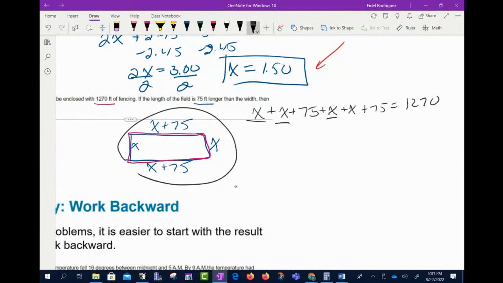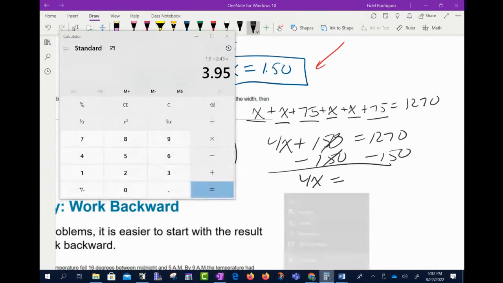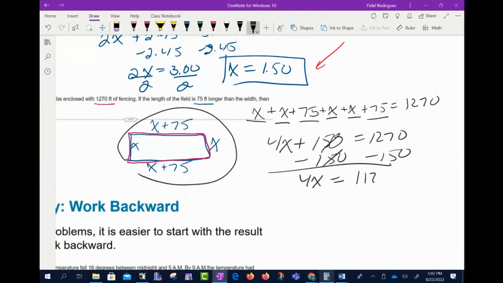Okay, so look how many X's I got. I got 4X. 75 and 75 is 150, equals 1,270. Okay, now I'm going to subtract 150 on both sides. All right, so 1,270 minus 150 is 1,120. I'm going to divide everything here by 4.